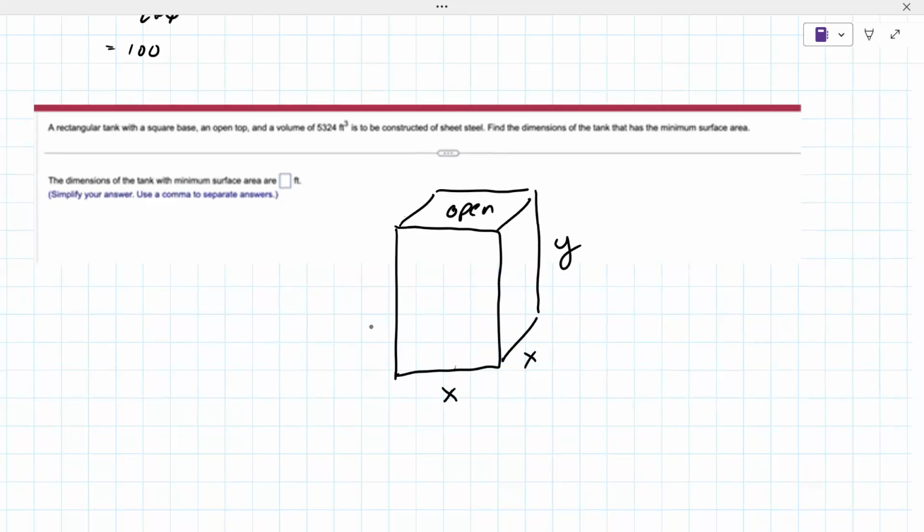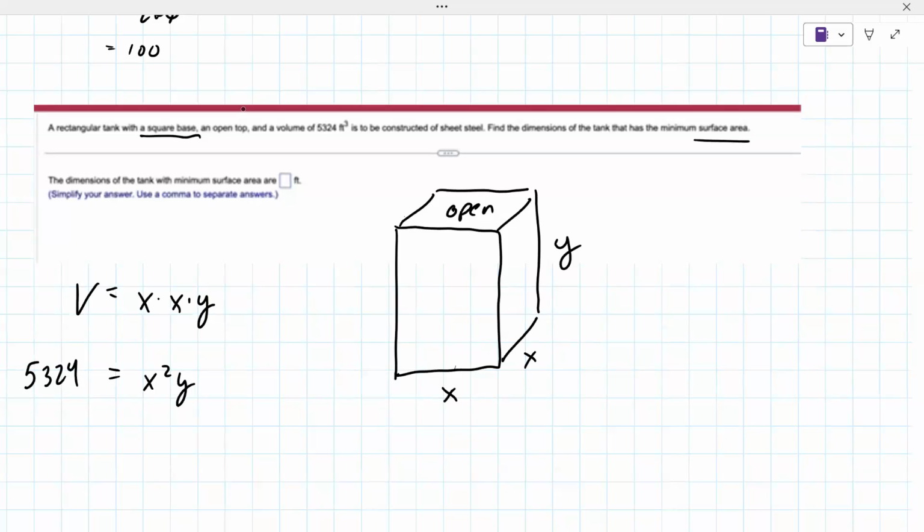I always feel like that's a weird thing to have, a box with an open top, but nevertheless, that is what you have here. The square base is really important. That's why they're both the same, x and x. So the volume of this is x times x times y, or x squared y, and they're giving you the volume. They're telling you it's 5,324 feet.